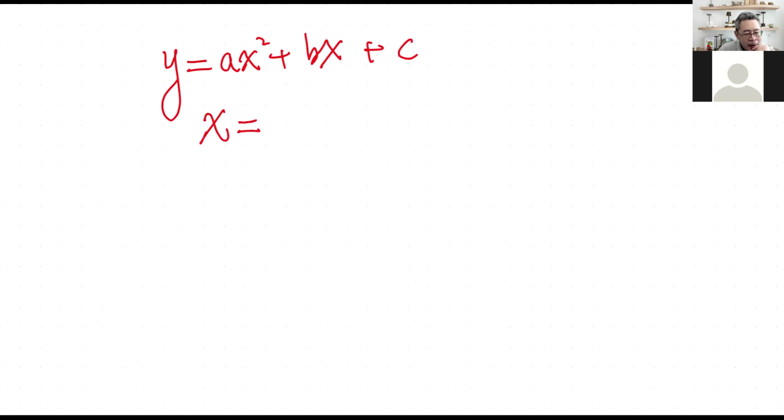We still have y equals ax squared plus bx plus c. The quadratic formula is x equals minus b plus or minus the square root of b squared minus 4ac, over 2a.